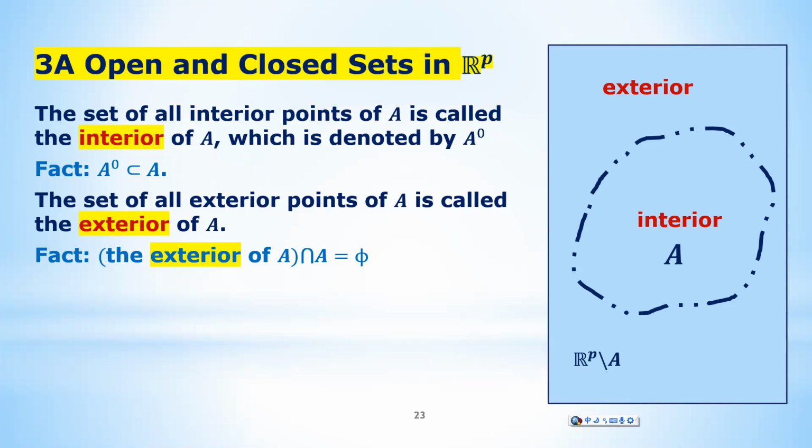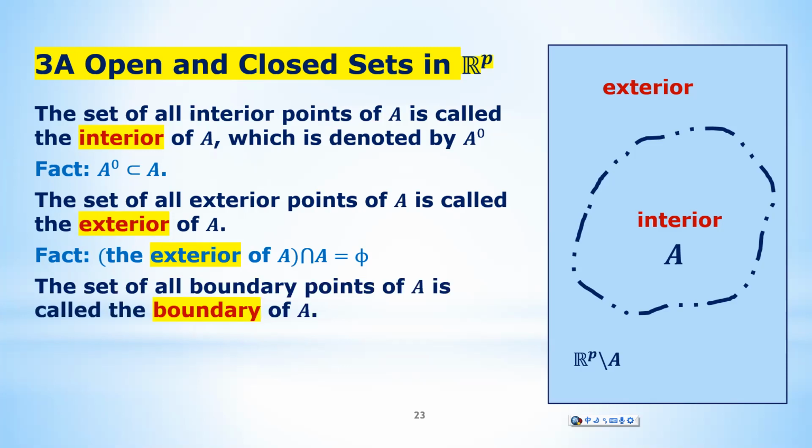Because exterior points are completely outside of A. Not only is the point itself outside, but also nearby points are outside. So obviously they have no intersection with A at all.